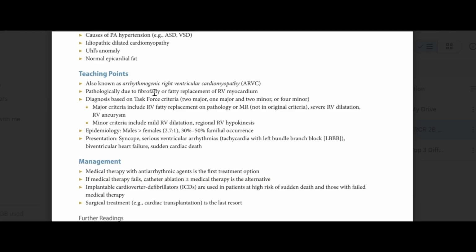The fibrofatty infiltration will lead to fat signal and the delayed enhancement of the myocardium.